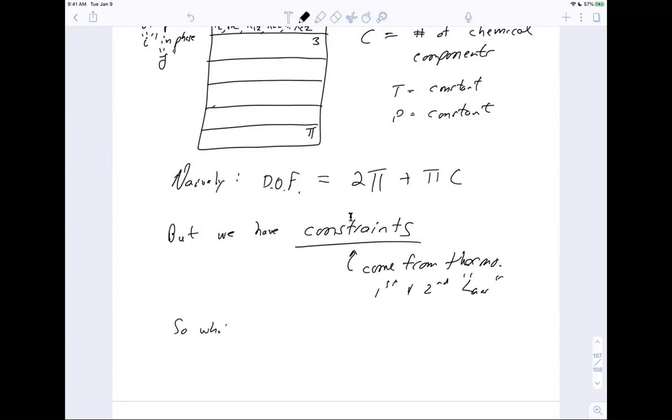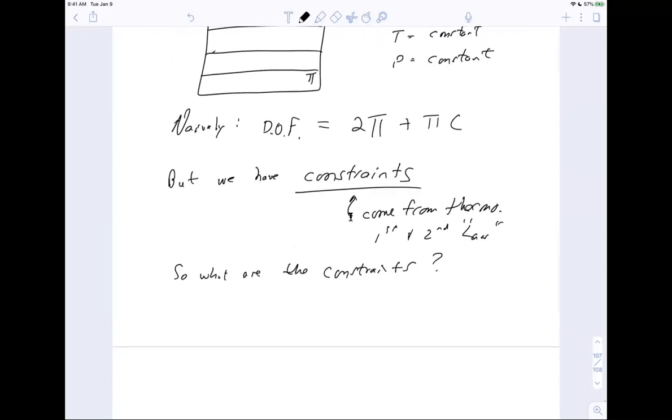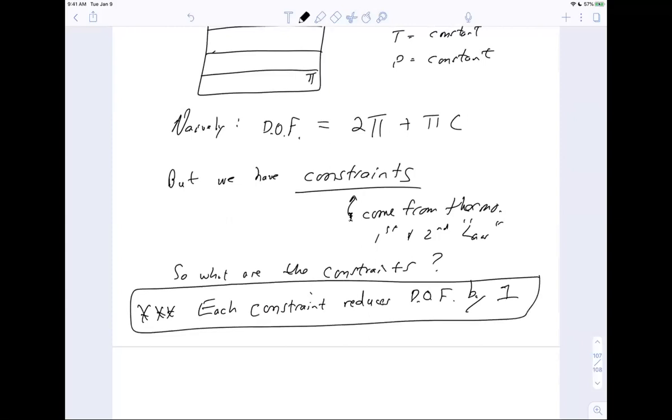So what are the constraints? Keep in mind, and this is important, each constraint reduces the degrees of freedom by 1.